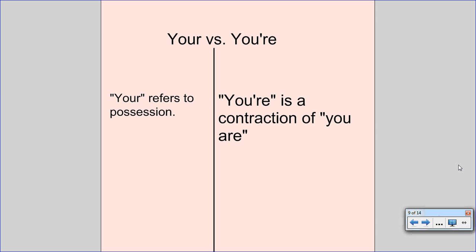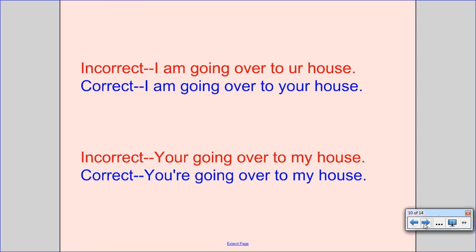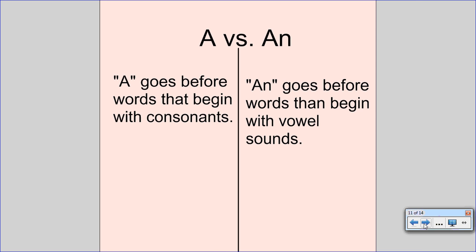You're with the apostrophe is a contraction, meaning you are. So you're at school right now. You're watching a grammar video. All things that you could, if you wanted to, write out in longhand as you are at school. You are there. And some examples.